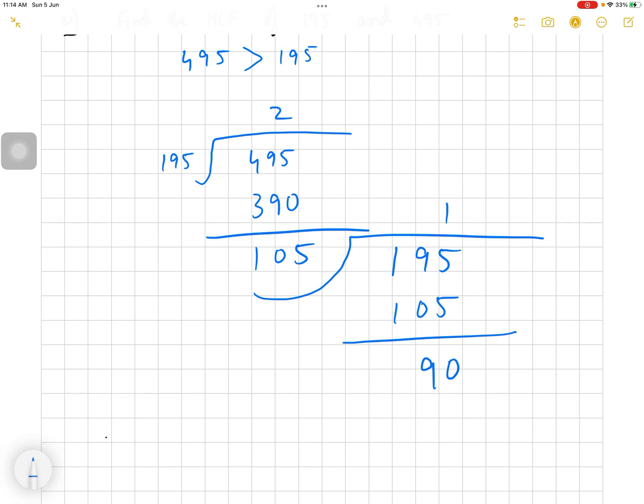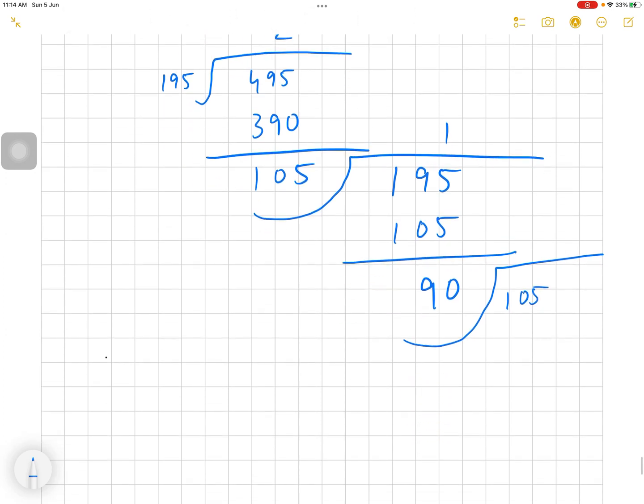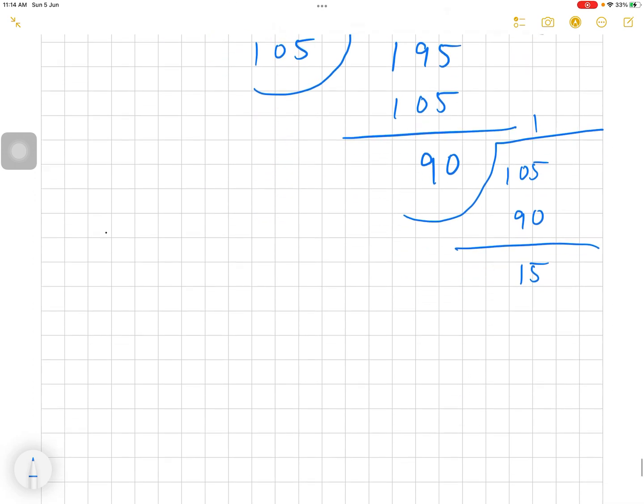Correct. My previous divisor is my next dividend, which is 105. So 90 ones are 90. Now it comes 15. My previous divisor is 90, so my next dividend will be 90.